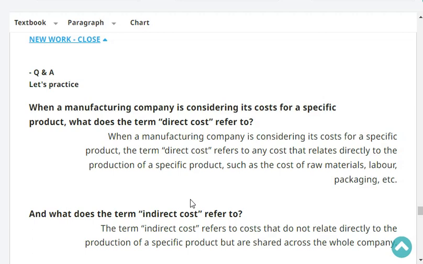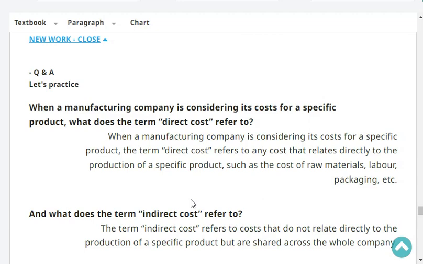When a manufacturing company is considering its cost for a specific product, the term direct cost refers to any cost that relates directly to the production of a specific product, such as the cost of raw materials, labor, packaging, etc.